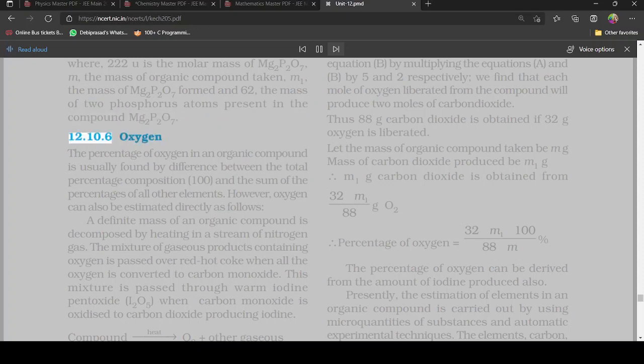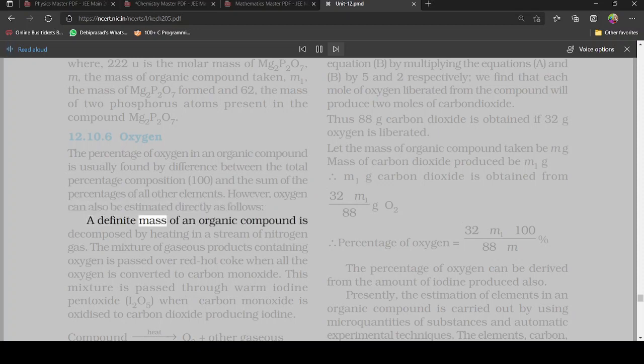Oxygen. The percentage of oxygen in an organic compound is usually found by difference between the total percentage composition, 100, and the sum of the percentages of all other elements. However, oxygen can also be estimated directly as follows.